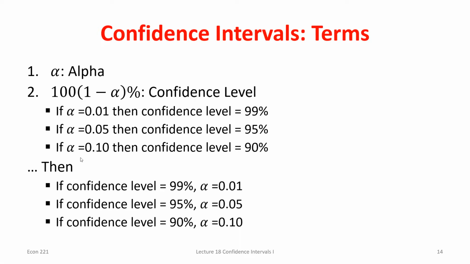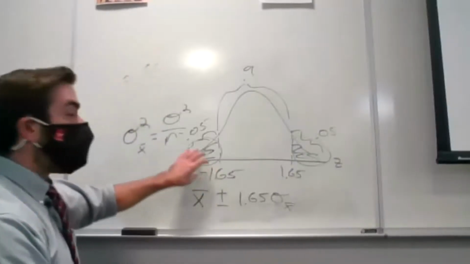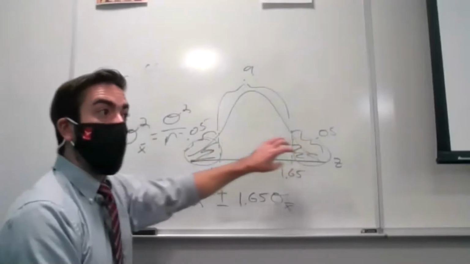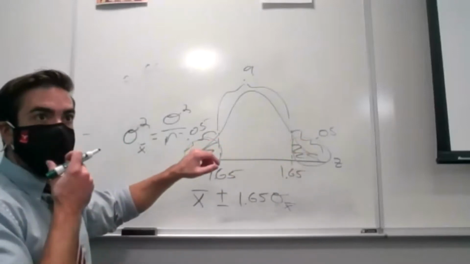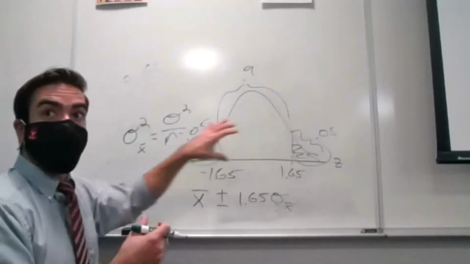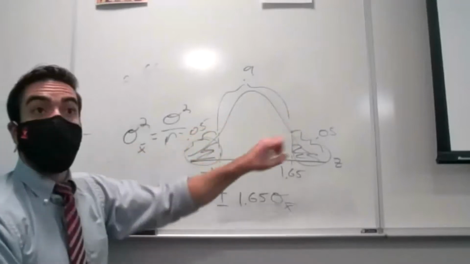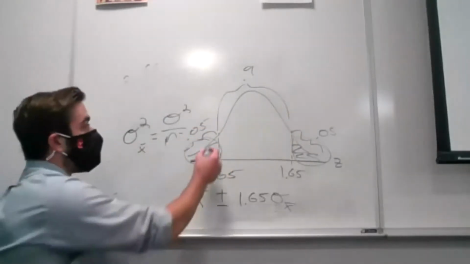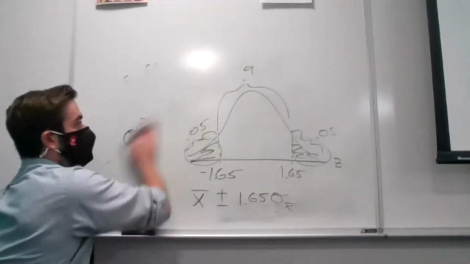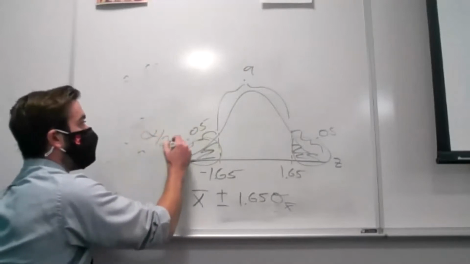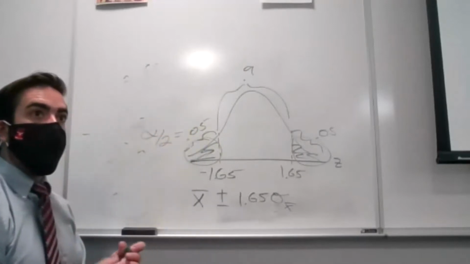Now, when I'm building that confidence interval, remember, when I had a total alpha, or total area in my tails, of 0.1, I had to divide that by 2 to get the area I wanted in each of my tails, right? We took 0.1, the total area in the tails, divided by 2, because we had 2 tails here. So you can think about this as alpha over 2. What did we then do?